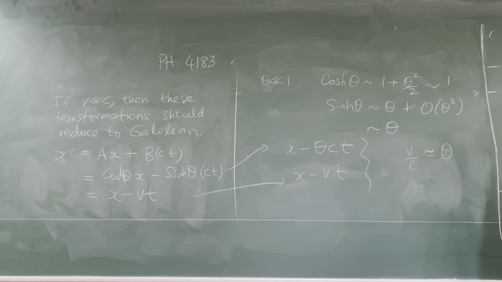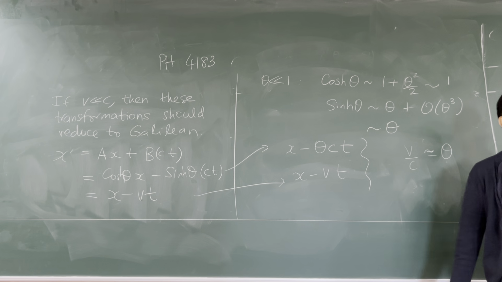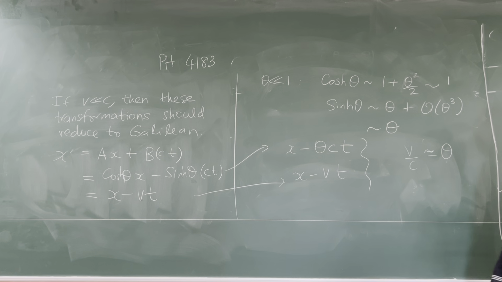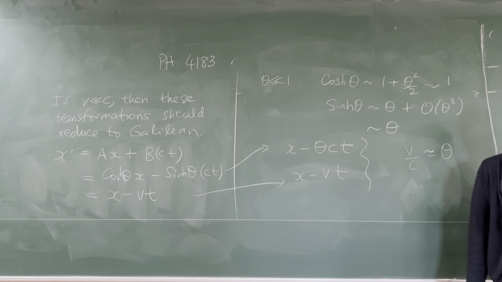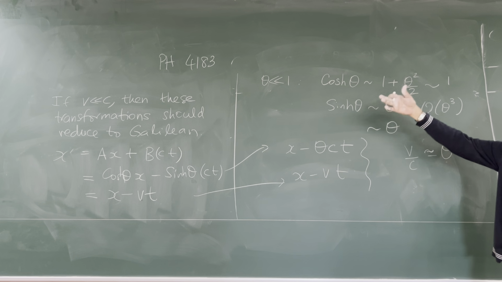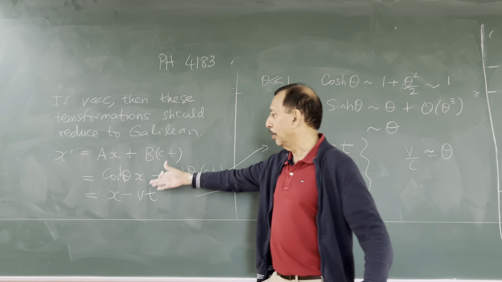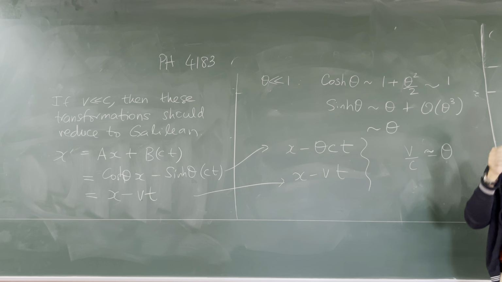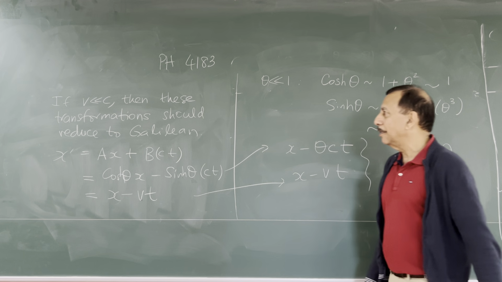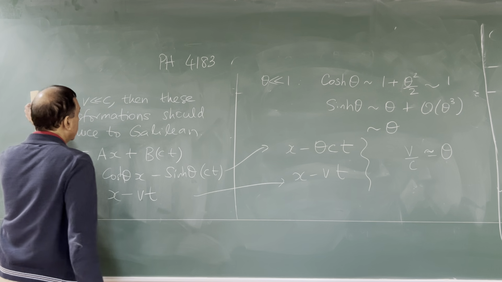So we have got a physical interpretation of this parameter theta, but only for small values of v. Now we have to ask the question, what happens if v is not that small? v could be maybe half the speed of light or something. Then this should not reduce to Galilean, and also these approximations are not legitimate. Okay? So for this, we have a very simple way to fix the problem.